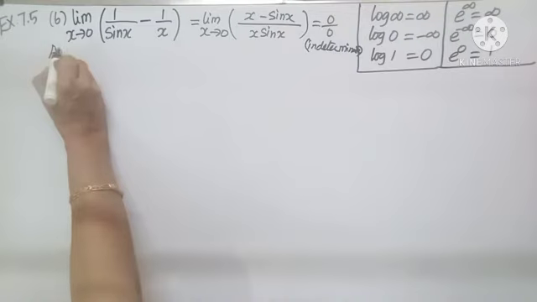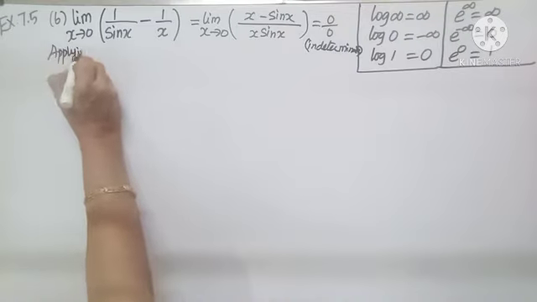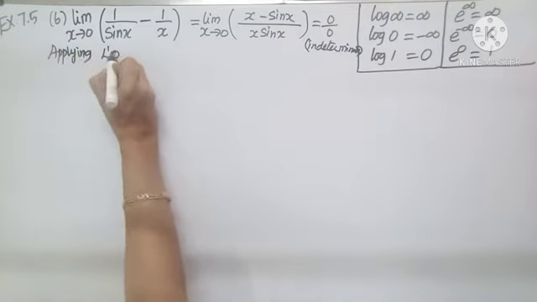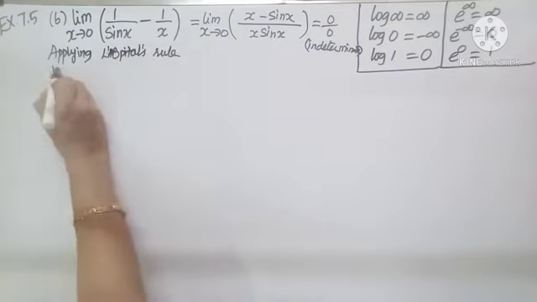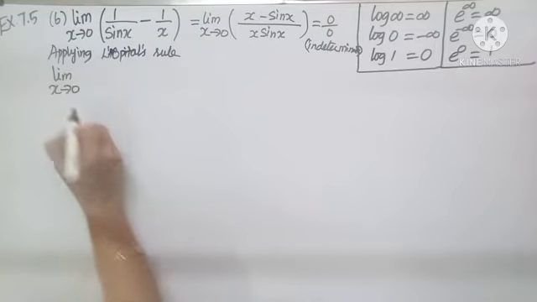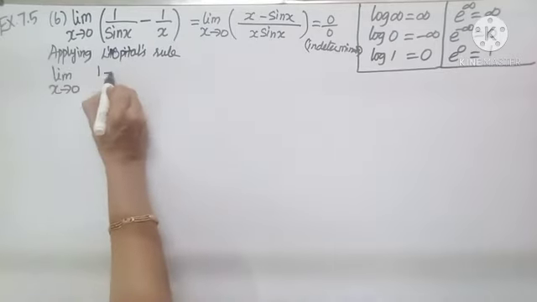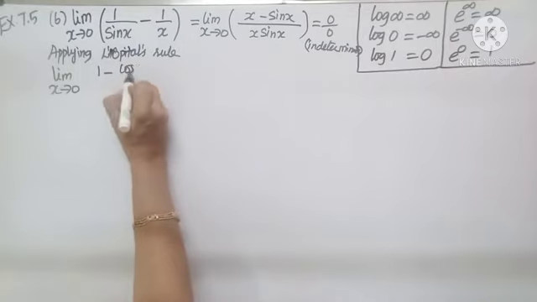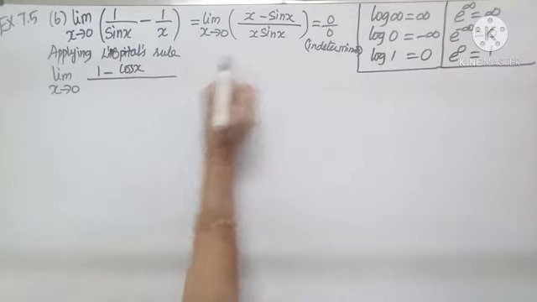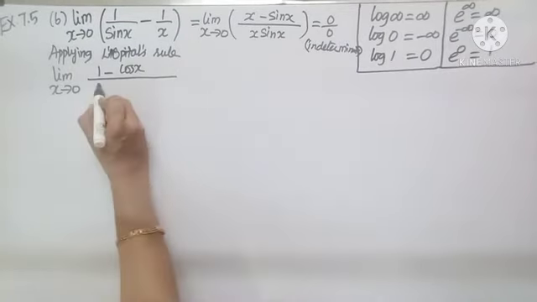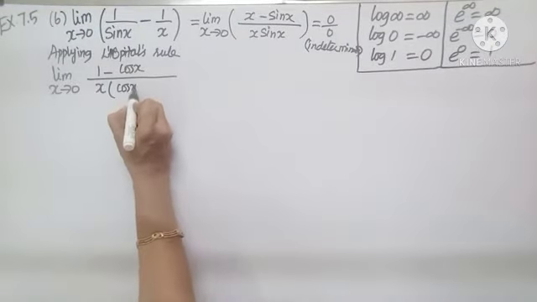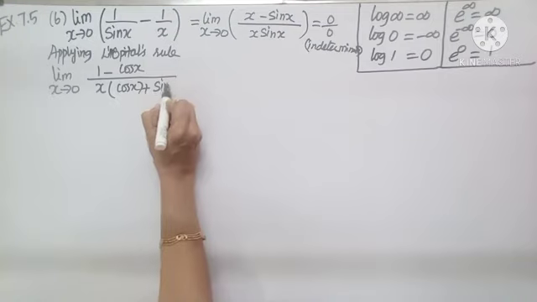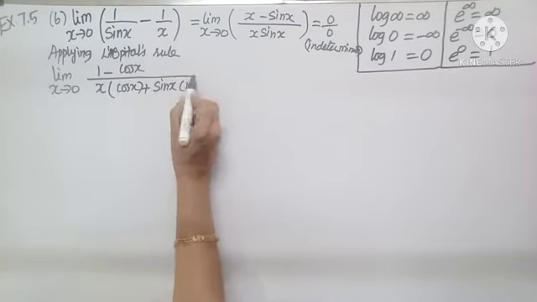Applying L'Hopital's rule, differentiate the numerator separately and the denominator separately. We get limit x tends to 0. x will become 1, sin x will become cos x. Denominator, there are two terms. Keep the first term, differentiate the second term. Plus, keep the second term, differentiate the first term.